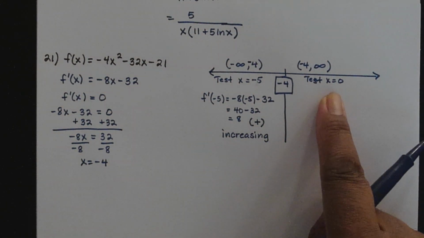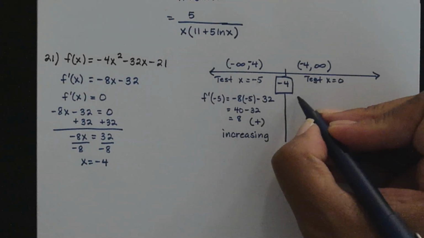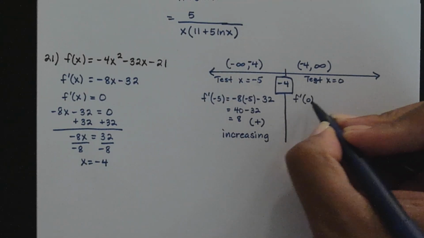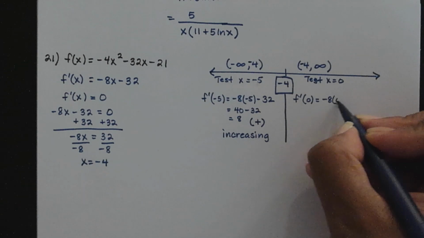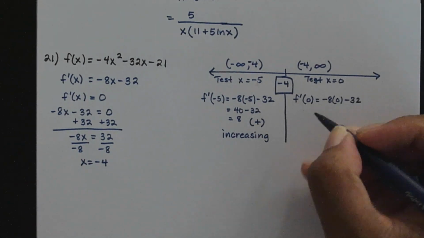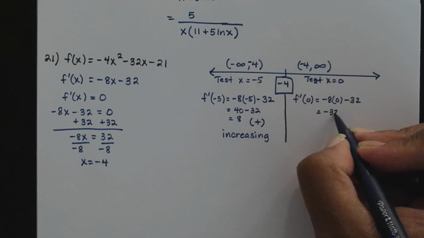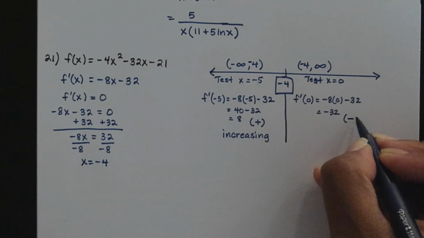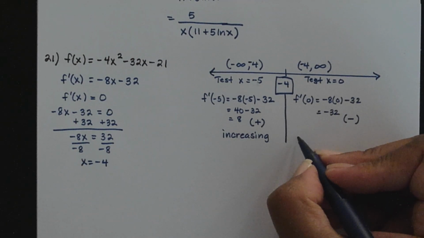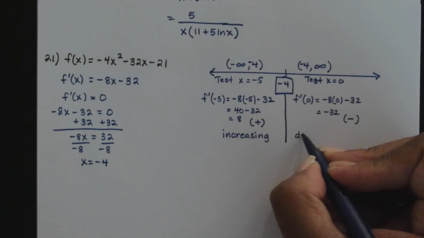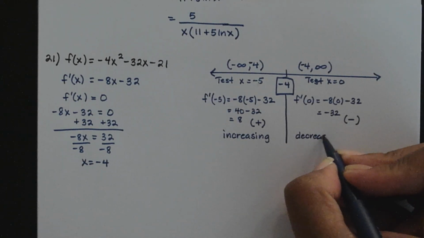And then for x equals 0, we do f prime of 0. That's going to be negative 8 times 0 minus 32. Well, negative 8 times 0, that's 0 minus 32, that's negative 32. And it is negative, so that means on the interval from negative 4 to 0, the graph will be decreasing.